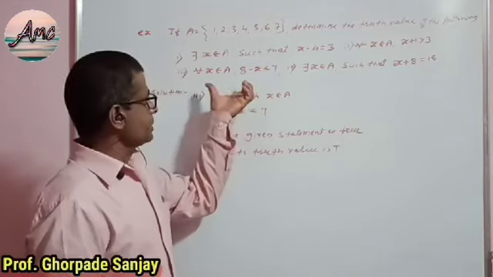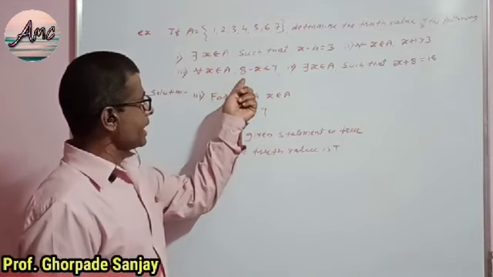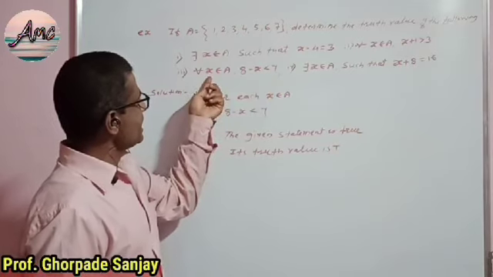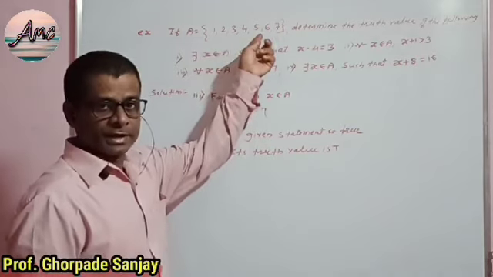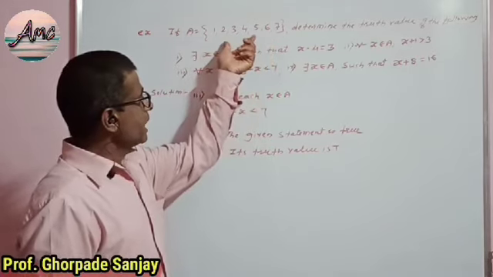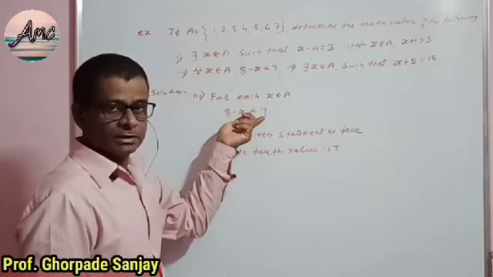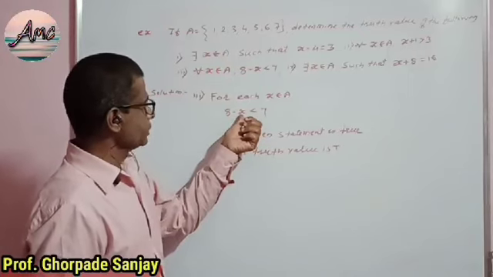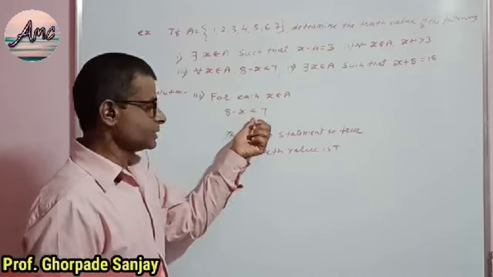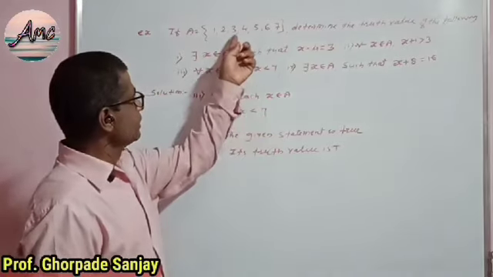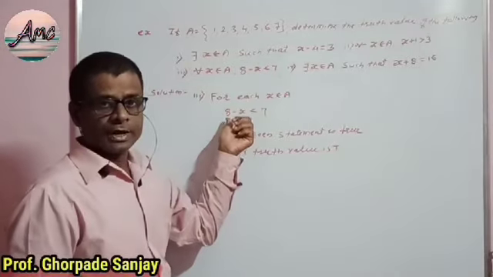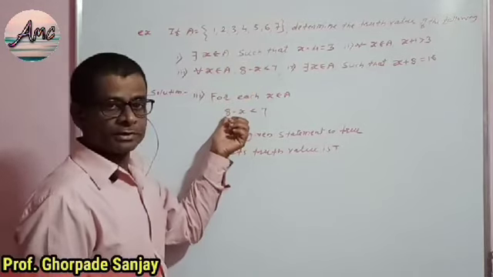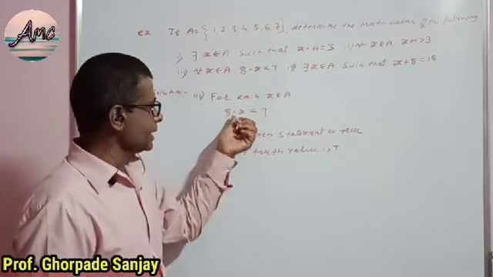Take the solution of the next example. For all x belongs to A, 8 minus x is less than 7. What is the meaning of this? If you take any value of x from this set A, that value of x must satisfy this condition. If I take x equal to 2, 8 minus 2 is 6, definitely less than 7. If x equal to 3, 8 minus 3 is 5, less than 7. If x equal to 4, 8 minus 4 is 4, again less than 7.